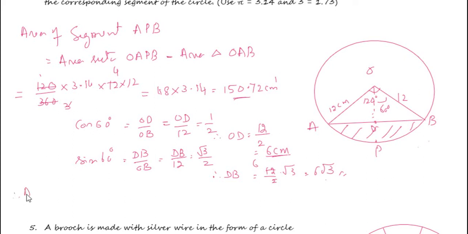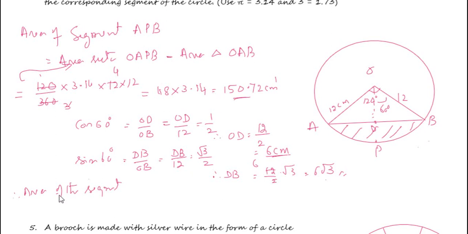Therefore area of the segment, this is area of the sector, and I have not written the area of this triangle. So what we have calculated is the area of the sector.